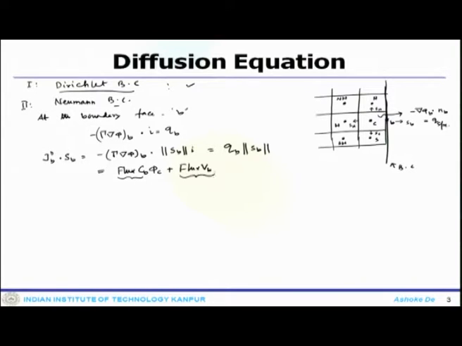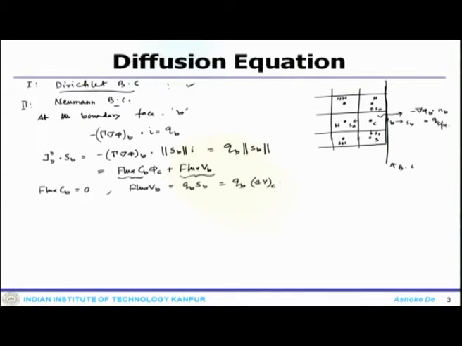So, these coefficients one needs to find out, and if you look at this particular condition, they turn out to be: the flux C b would be 0 and the flux V b would be Q b S b, which is essentially Q b delta y C. So, that is what you get.